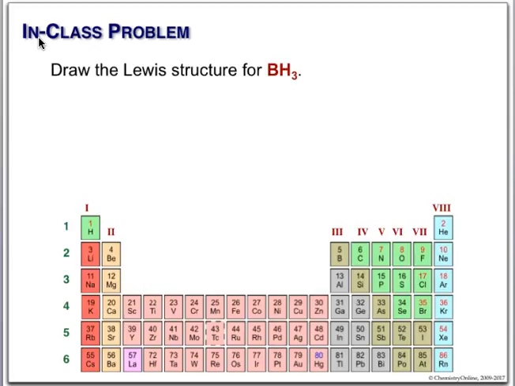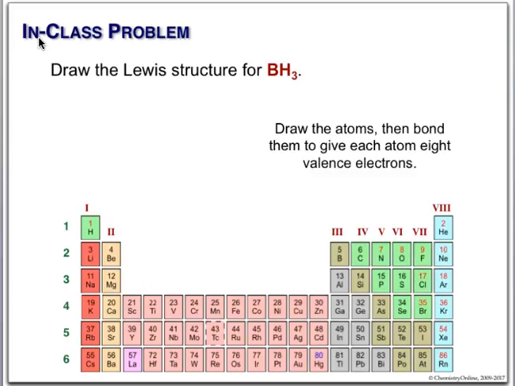Go ahead and I will hush for a second. Draw the Lewis structure for BH3. Boron is in our third period. It has 3 valence electrons. Hydrogen is in the first period. It has 1 valence electron.